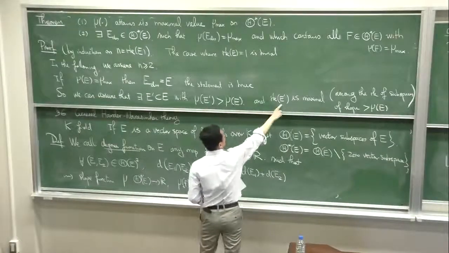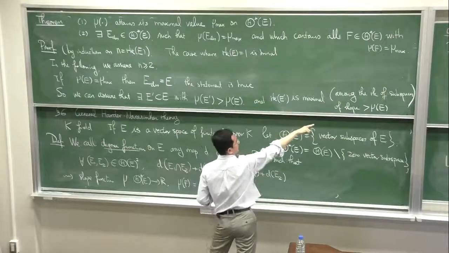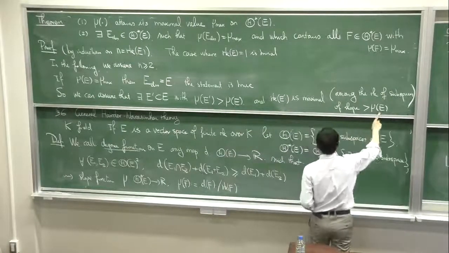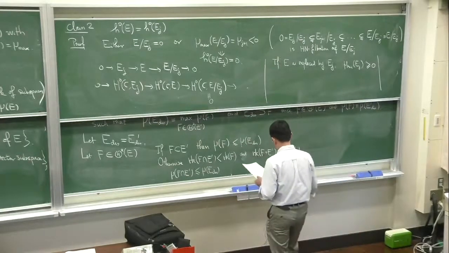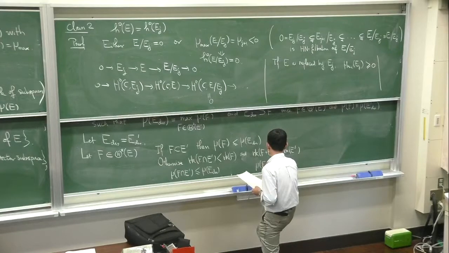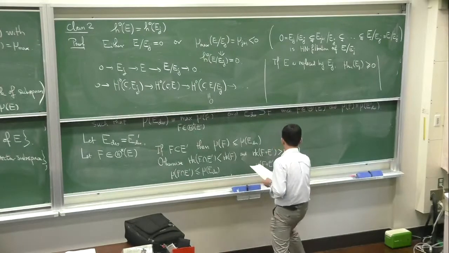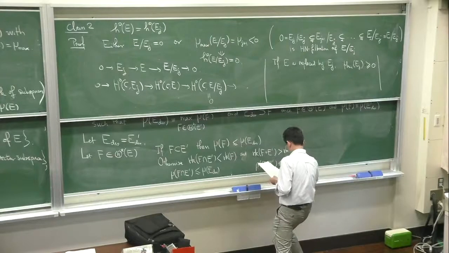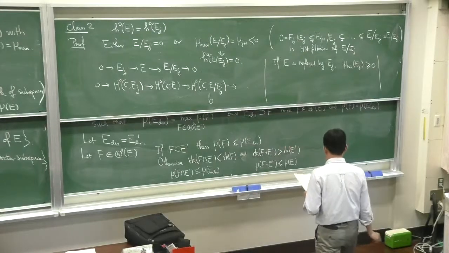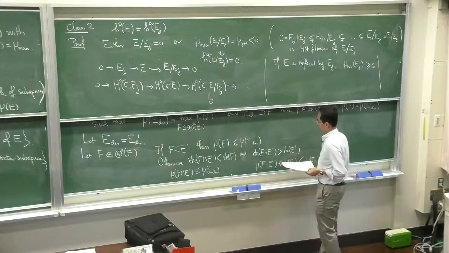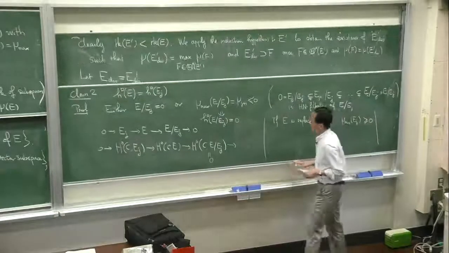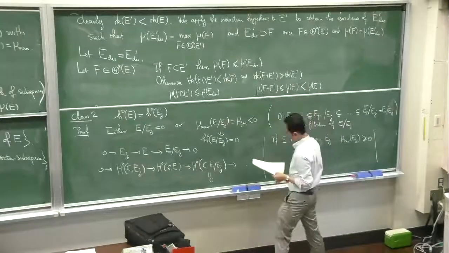So we have to assume that the rank of E prime is maximal among ranks of subspaces of slope larger than mu of E. And then this rank is still larger than the rank of E prime. So the slope of this one is bounded by the slope of E. And the slope of E is bounded strictly by the slope of E prime. So that is the consequence of this comparison.